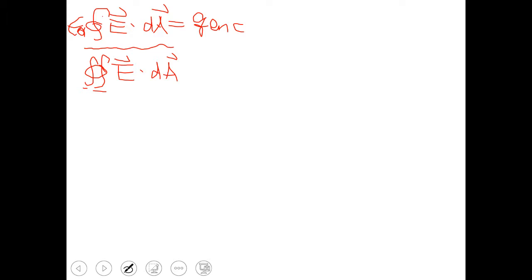But here we see something like B dot ds. Actually, this is a line integral. Suppose you have a B field.